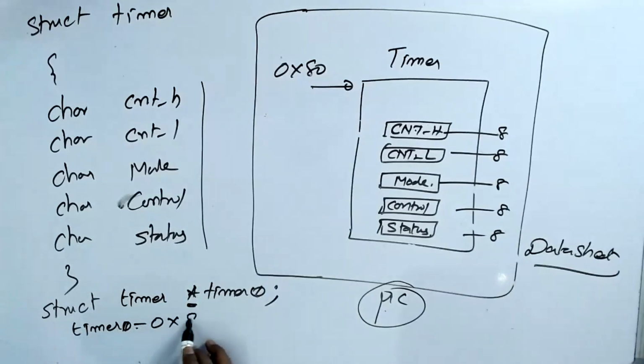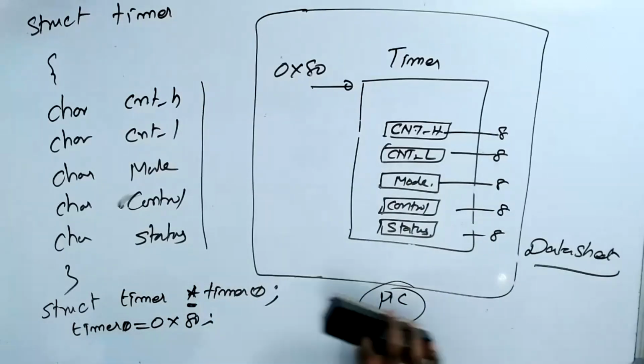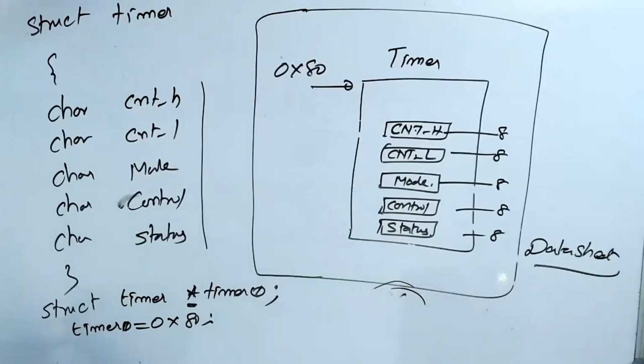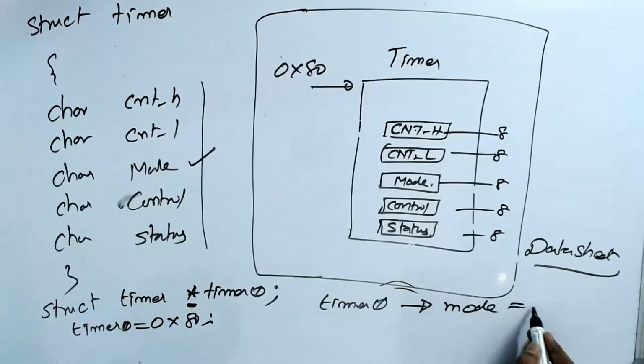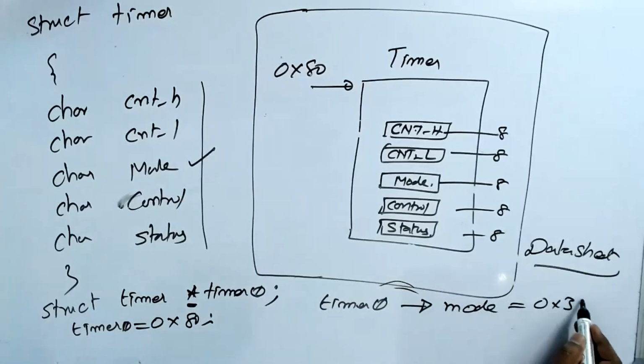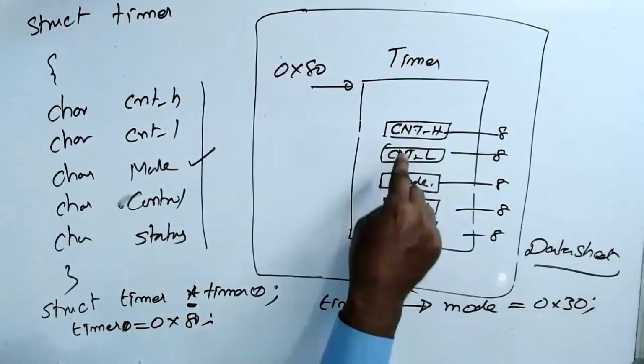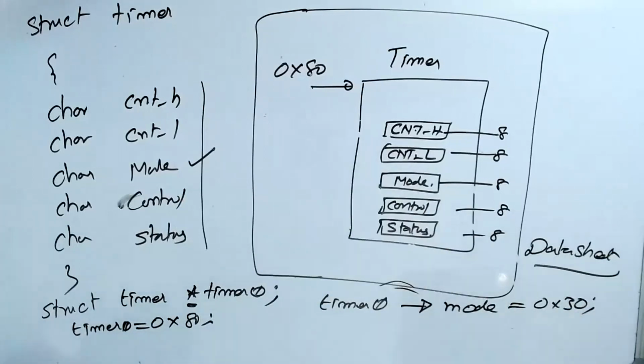Done. Now we have to access it. It's quite simple. For example, if you want to access mode, you say timer 0 arrow mode equal to 0x30. Something that we will discuss later when we discuss timers. This is the way it is getting used in embedded.